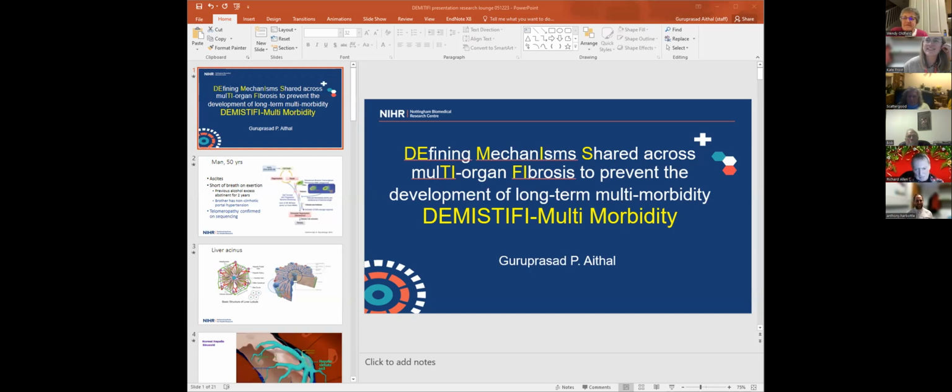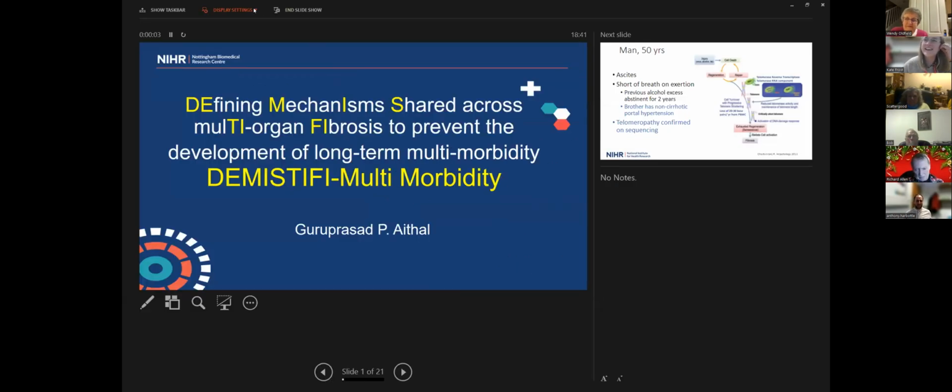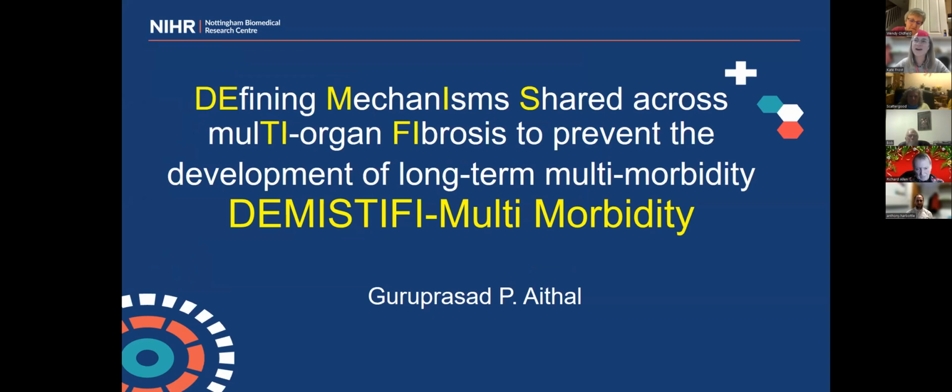But for the purpose of tonight, he is going to talk about a very exciting research study, which is looking at identifying multiple organ fibrosis. He will give an overview of the study, and then look in more depth about why using patient data is so important to understand this, and for the ultimate outcome of patient benefit.